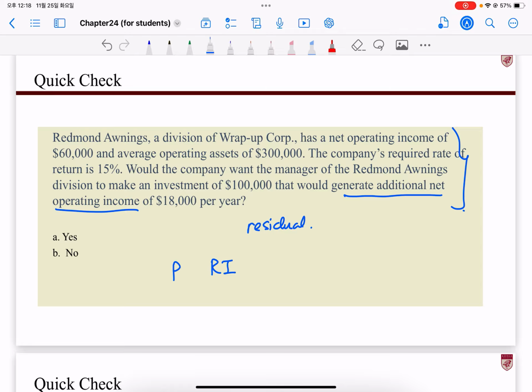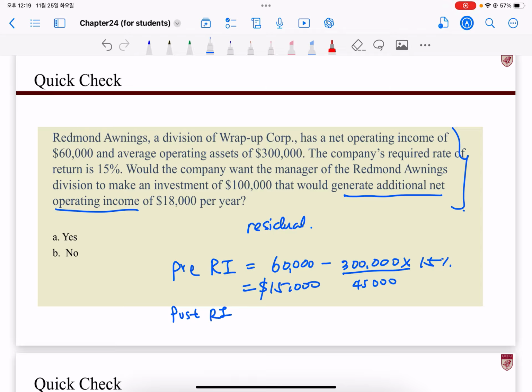So pre-RI was 60,000 minus 300,000 times 15%, right? So how much is that? This is 45,000, so $15,000.